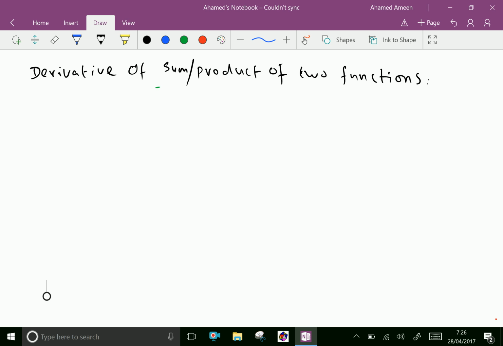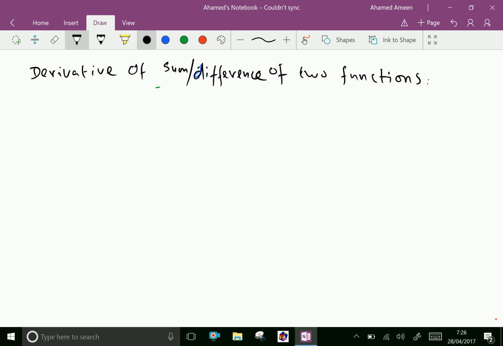Next, derivative of sum or difference of two functions.